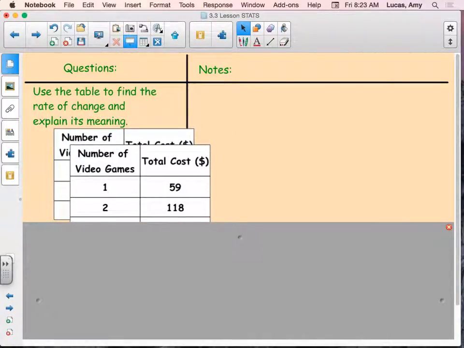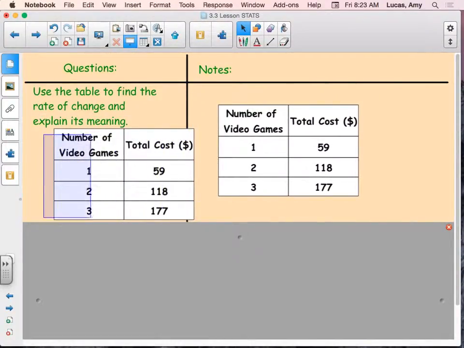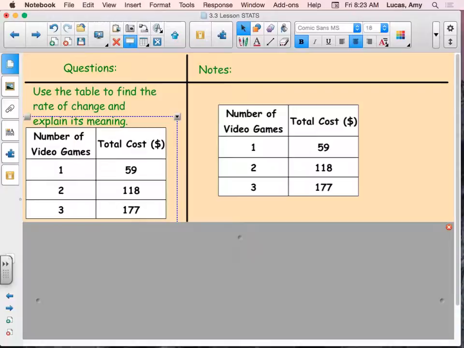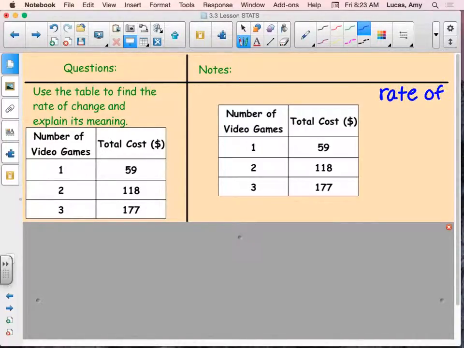There we go. Okay. So I am going to find the rate of change, or the change in y divided by the change in x for each of these intervals.